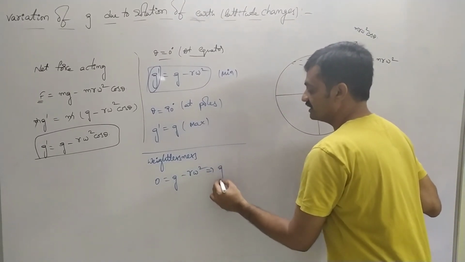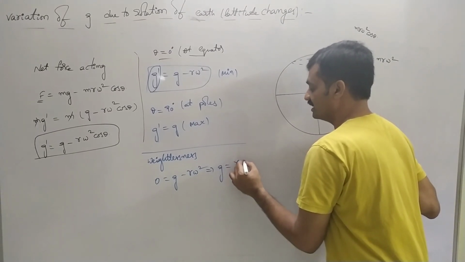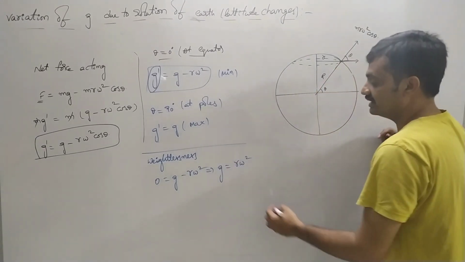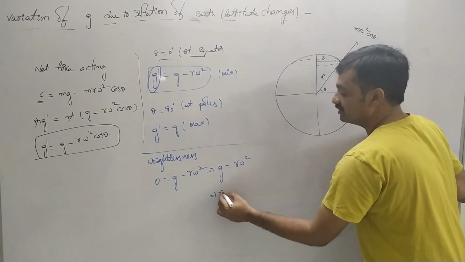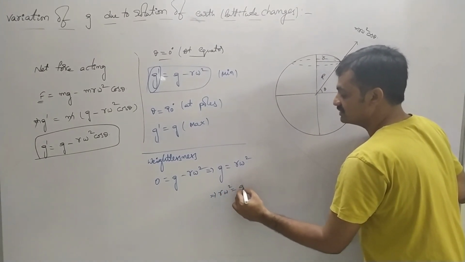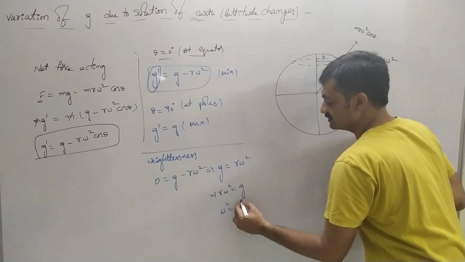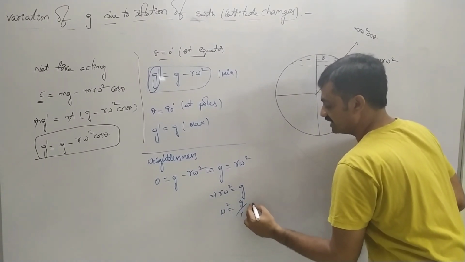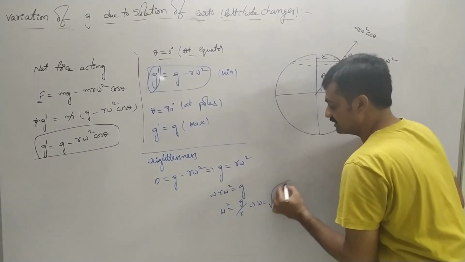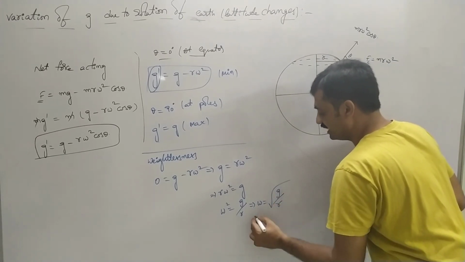From this expression, g equals r omega square. Then r omega square equals g. That implies omega square equals g by r. That implies omega equals under root of g by r.